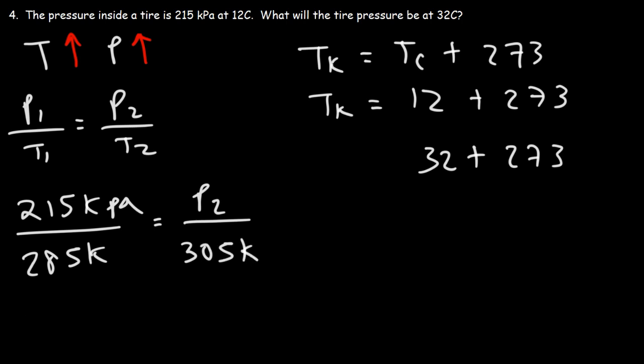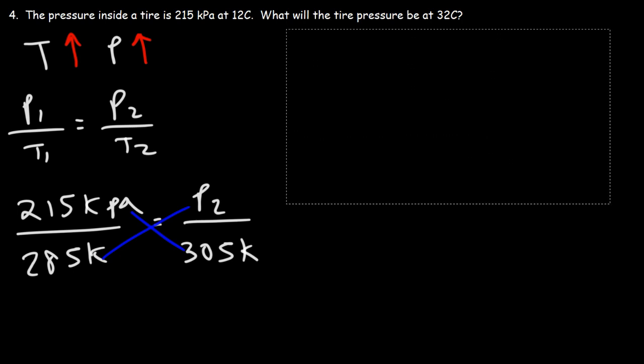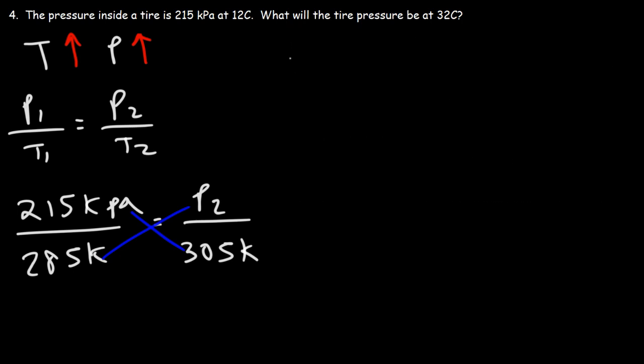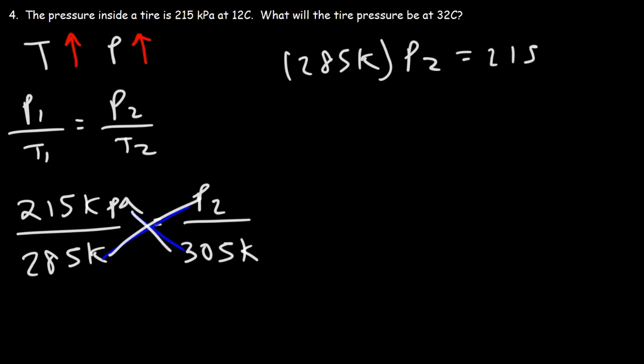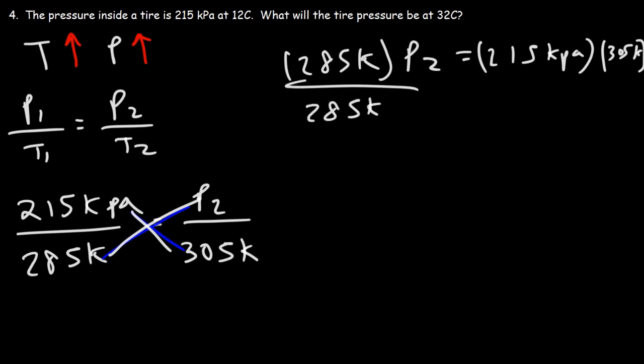In order to solve for P2, we need to cross multiply. So we're going to have 285 Kelvin times P2, that's this part, and that's equal to 215 kilopascals times 305 Kelvin. And I'm running out of space. Now let's divide both sides by 285 Kelvin.